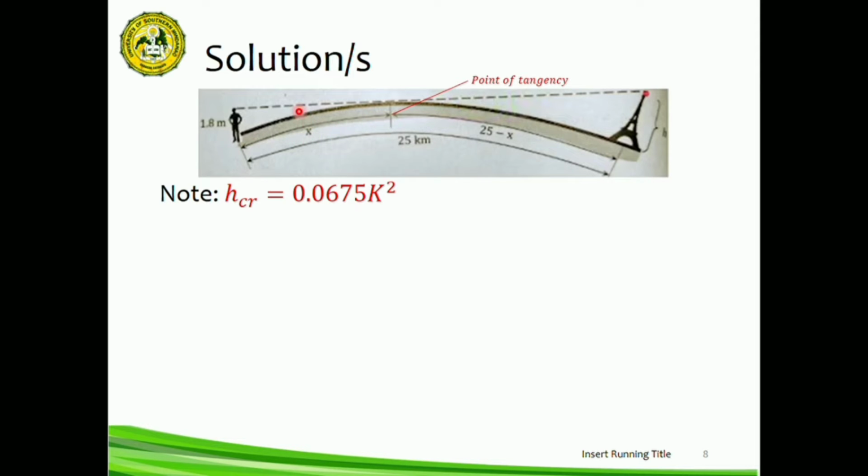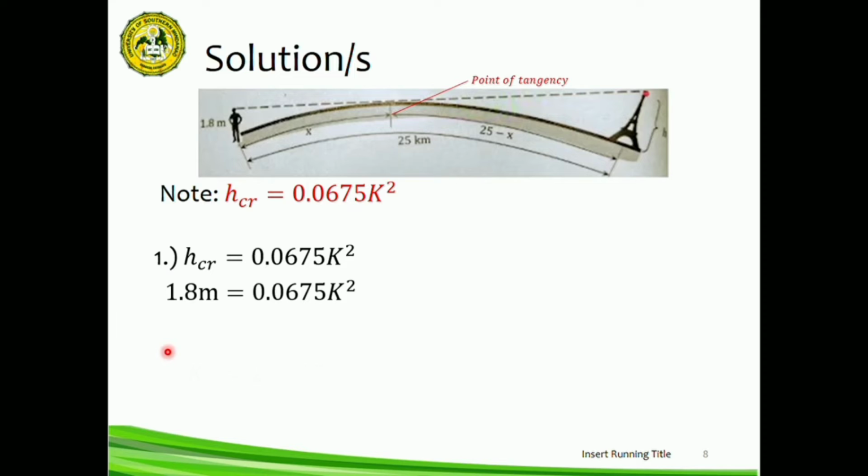So, please take note of this, that the value of our HCR is equals to 0.0675 K squared. So, we have here 1.8 meter equals to 0.0675 K squared. We simply substitute the value or the height of the man.